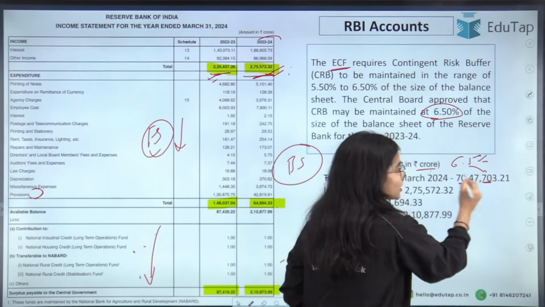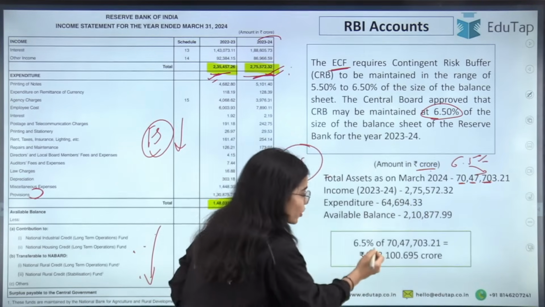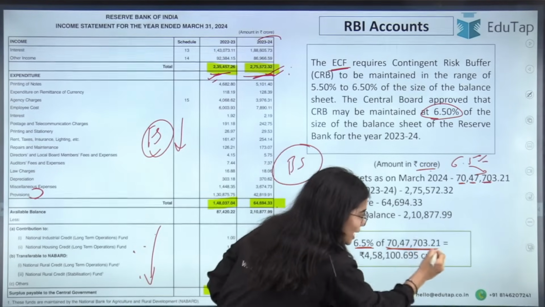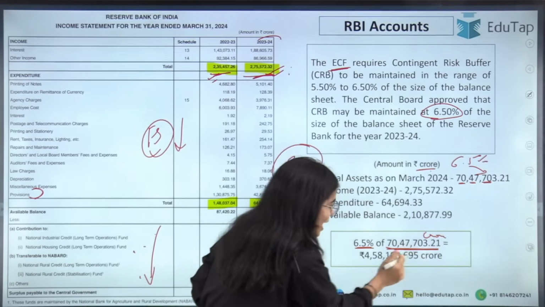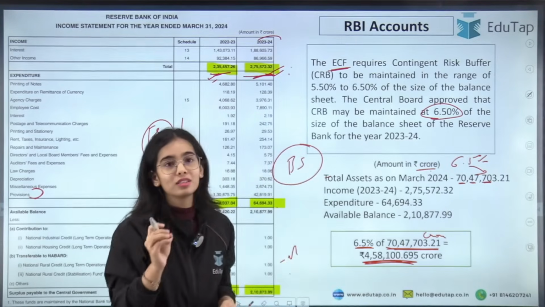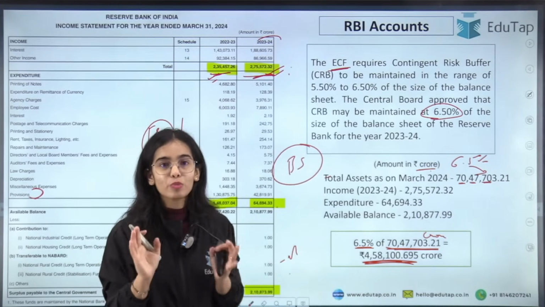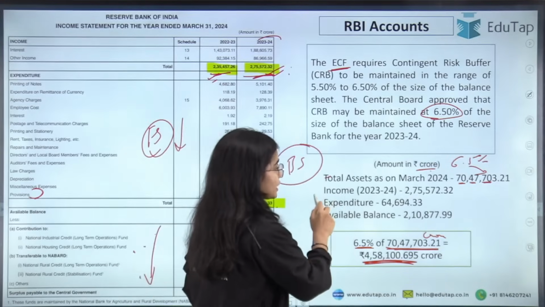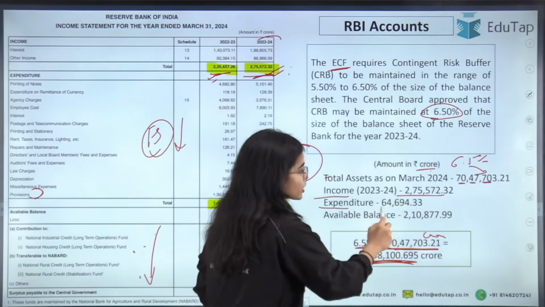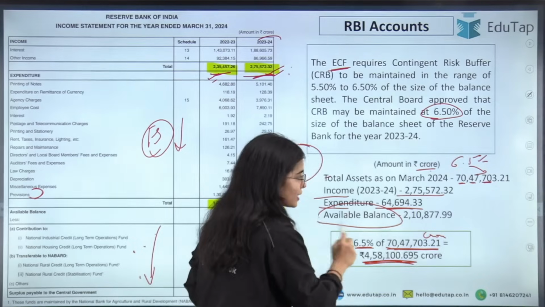6.5% of this balance sheet, of the total assets, has to be maintained by the Reserve Bank of India. So I hope you understand now: the income for this period is this much, the expenditure is this much, and the available balance is this much.